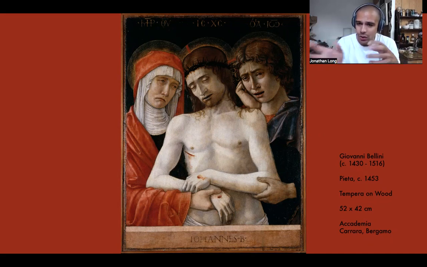He was absorbing lots of different influences. You know, his father was trained by Gentile da Fabriano, was exposed to lots of Florentine influence, and he's heavily influenced by Donatello and a whole generation of artists who were influenced by Donatello and Francesco Squarcione, who tried to make their paintings more sculptural.